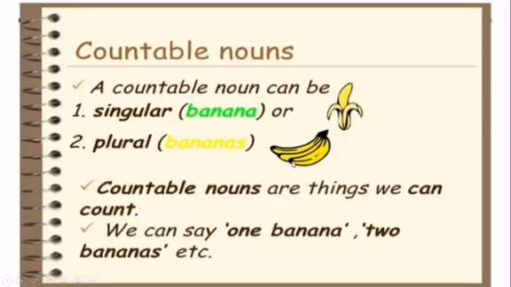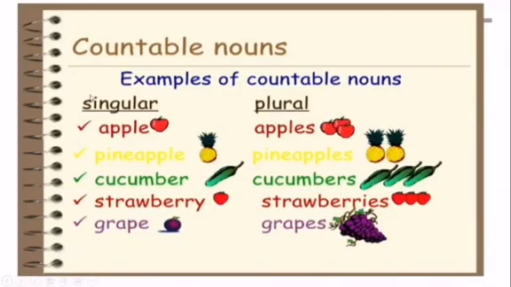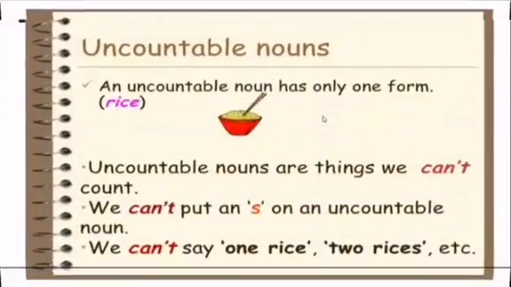We can count 1, 2, 3, 4, 5, 6. Okay? For example, we have apple, apples, pineapple, pineapples, cucumber, cucumbers, strawberry, strawberries, grape, grapes. So we can count them, we can make the plural form for the words.